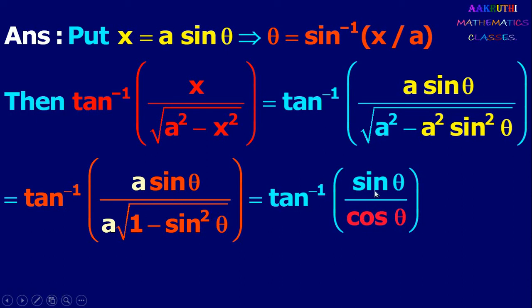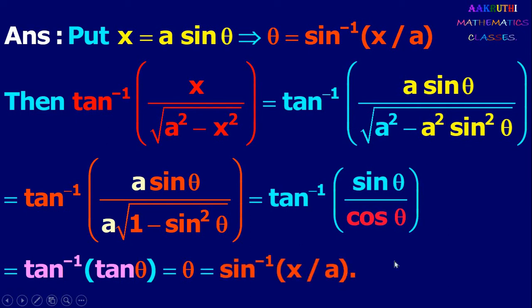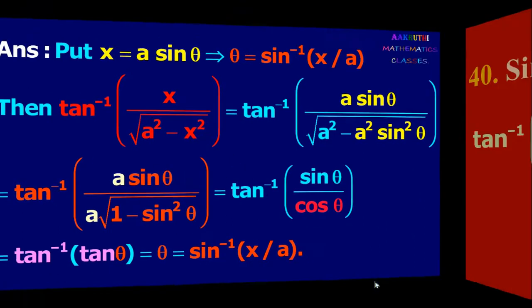Remaining is tan inverse sin theta by cos theta, which is tan inverse tan theta, and here tan inverse tan get cancelled, remaining is theta. Answer is theta, and theta value is sin inverse x by a. So it is the simplified answer: sin inverse x by a.